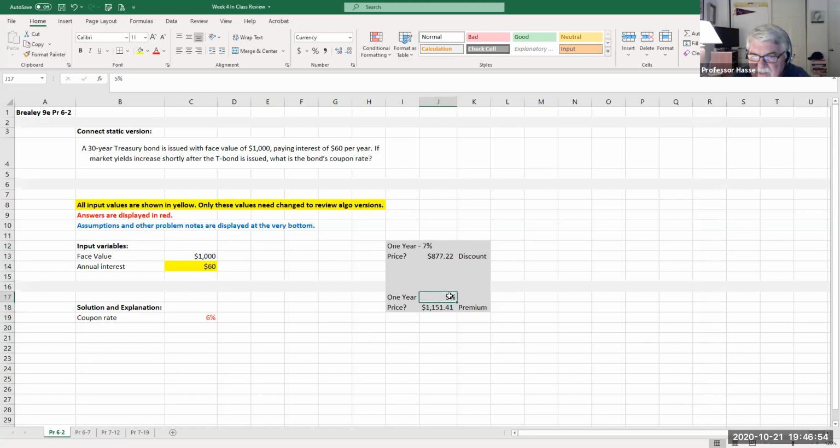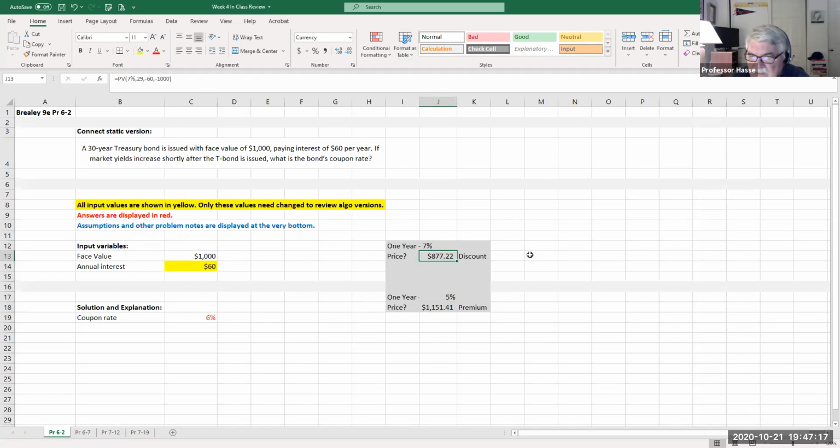Interest rates have gone down. It makes this bond more attractive with a 6% coupon. Thus, it's at a premium. It's worth more. Bond is at a discount when the market yield is over the coupon rate. Now, I'm not going to ask you to do these calculations. They're immaterial.